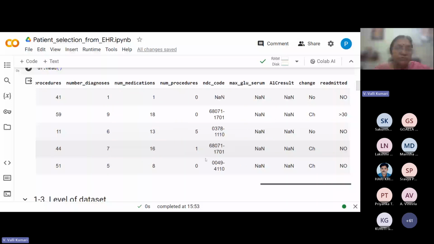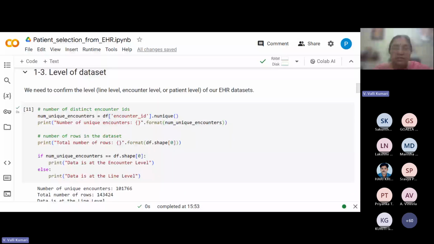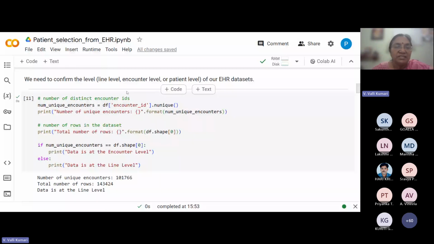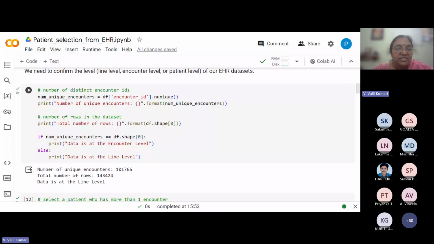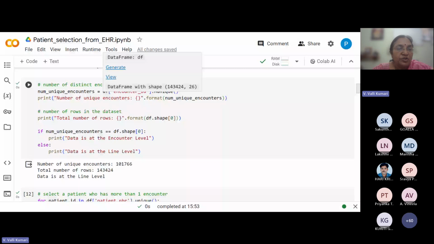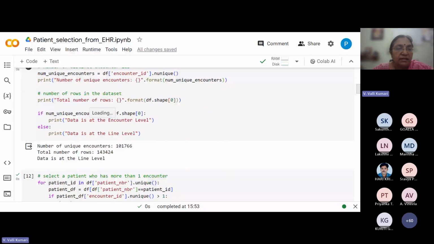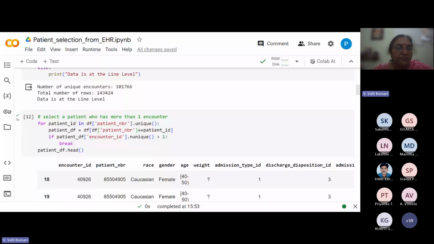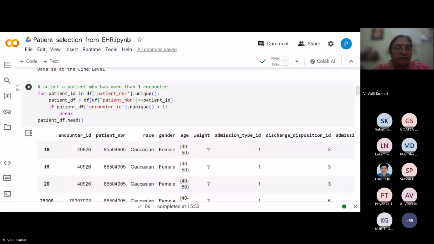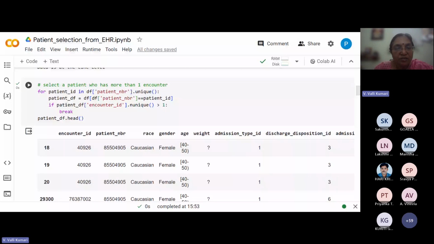So now in the EHR data set, it is hierarchical. So we have some levels: line level, encounter level, and patient level. So how many times he had visited, right? Then how many unique encounters, and yeah, this is just the data frame stock view. Then select a patient who has more than one encounter.